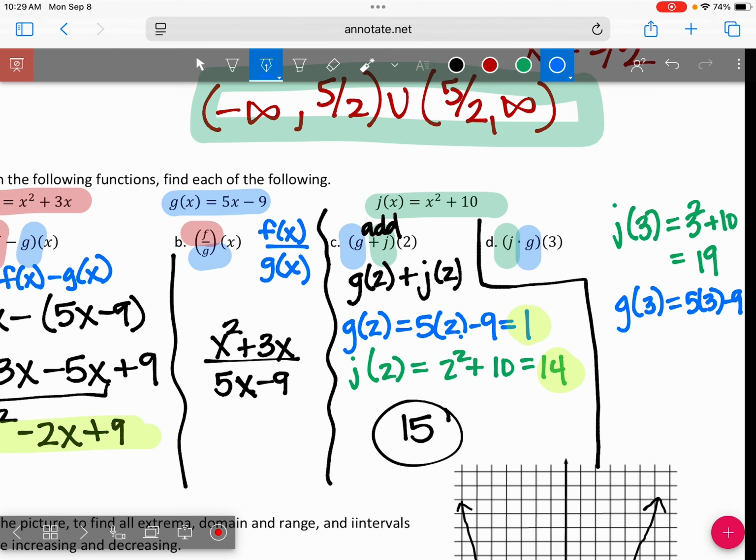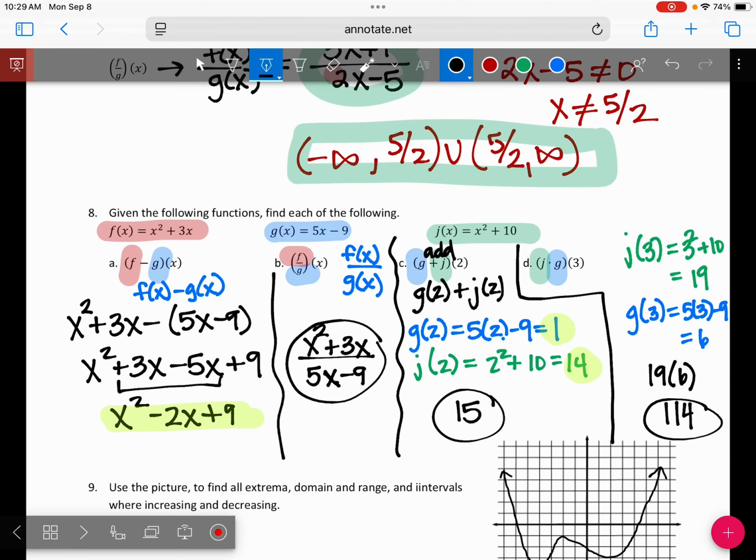That's going to give me 6. And I'm just multiplying those together. When I take the 19 times the 6, I get 114. All right, so that is the first part of our review. And I will work on part 2.